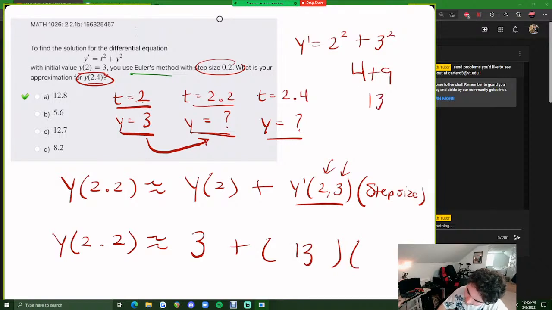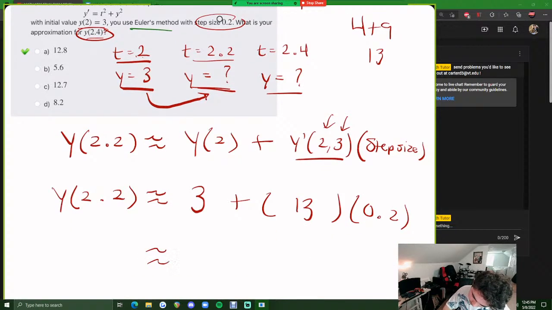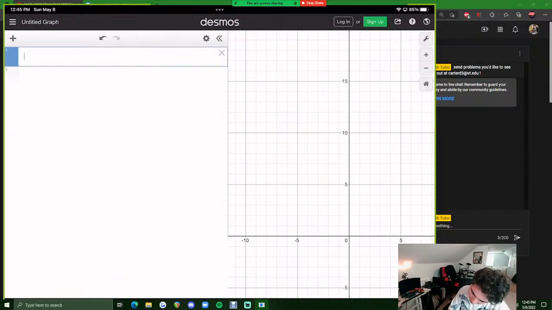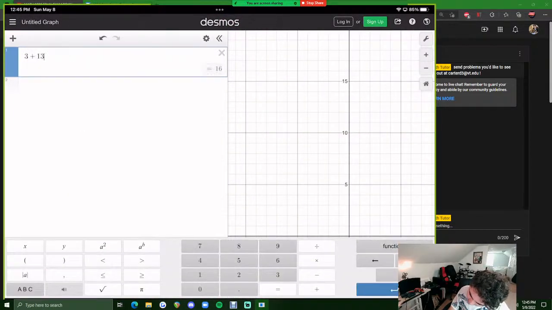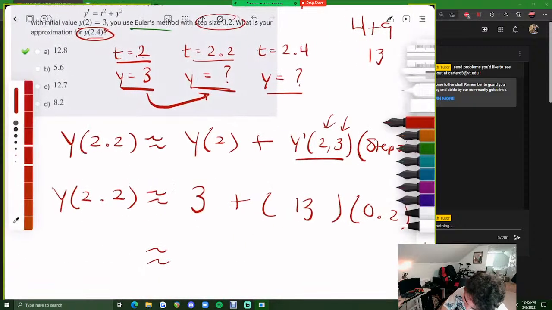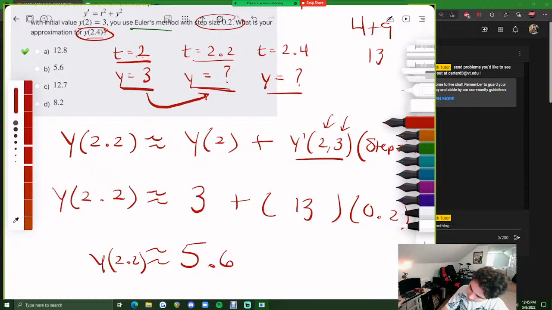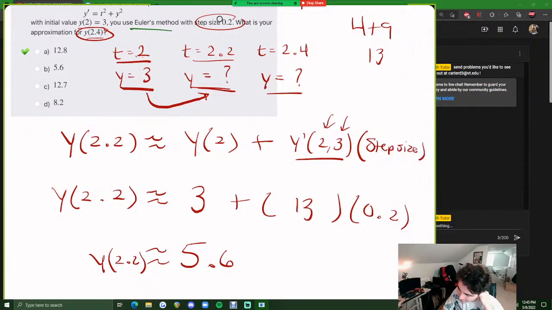And then we multiply that by the step size of 0.2. All right, so now we have 3 plus 13 times 0.2, which gives us 5.6. And so, again, this was just the first calculation. This first iteration of Euler's method gave us a y value of 5.6 for t equals 2.2.